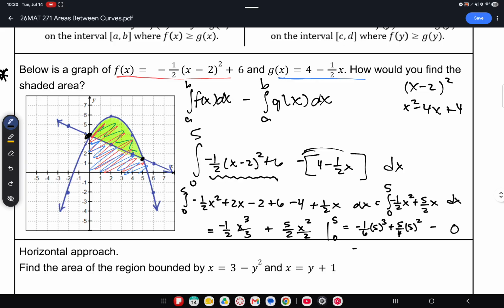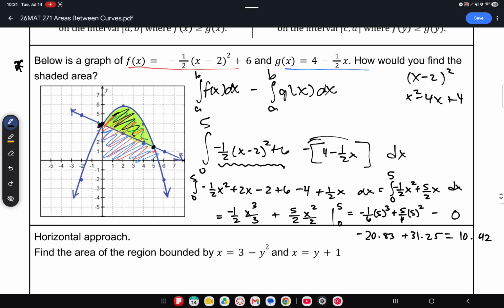So I get negative, let's just round, and then 5 squared times 5/4 is 31.25. So I get about 10.42 as my area for that green shaded area there.